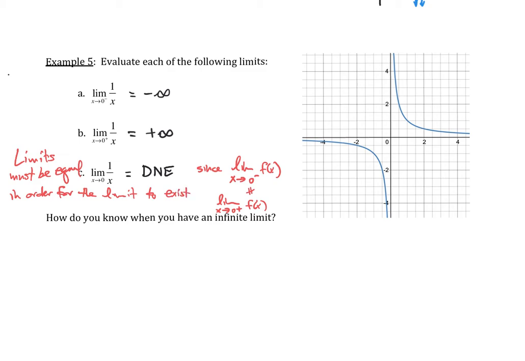Okay, maybe I should specify the one-sided limits. So that's really the point of this example. Just to emphasize one more time, the two one-sided limits exist, but the limit overall does not exist because the two one-sided limits are different.